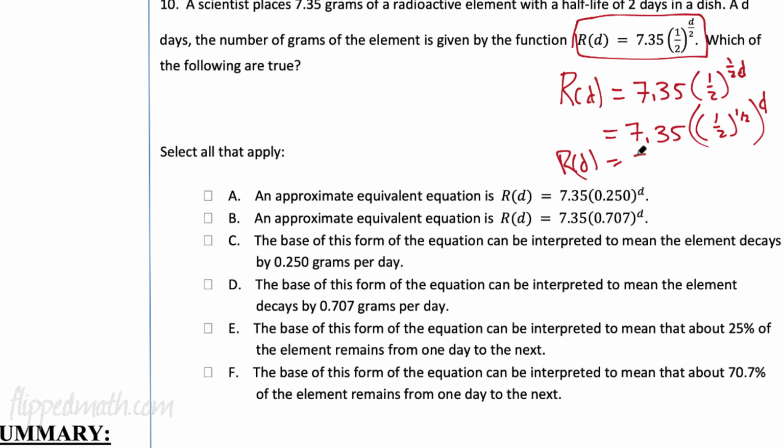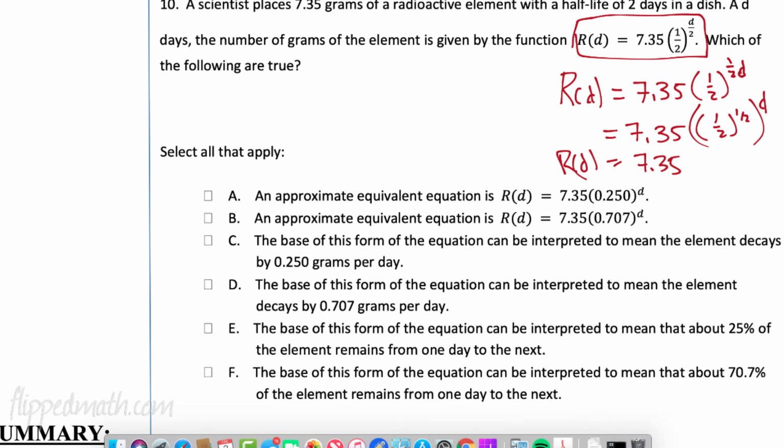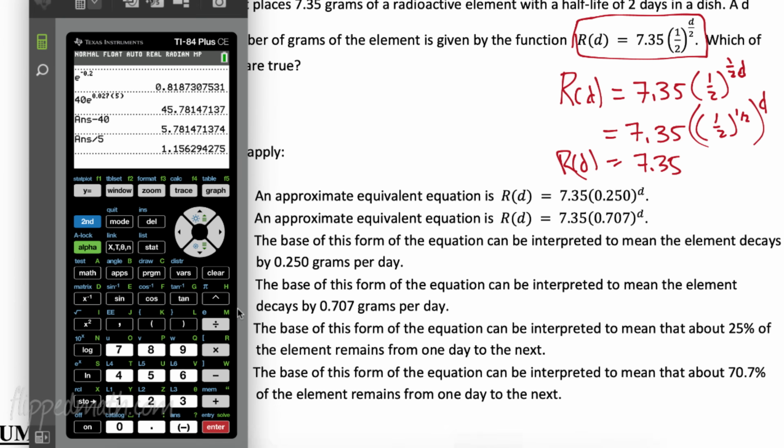So R of D is going to equal 7.35 times, let's break that calculator out. I need 1/2 to the 1/2 power. Remember, that's also the square root. We could have just taken the square root. I know, right? 0.707.